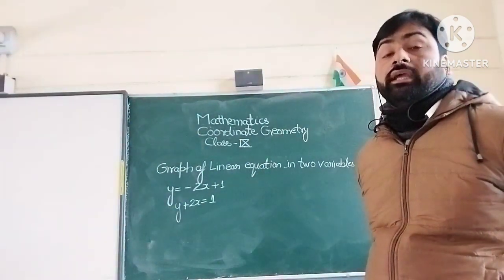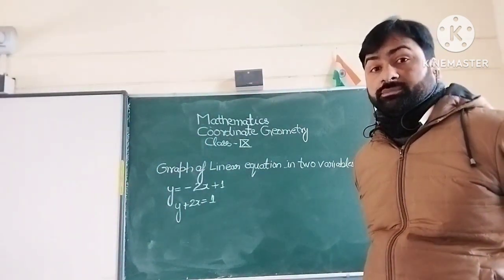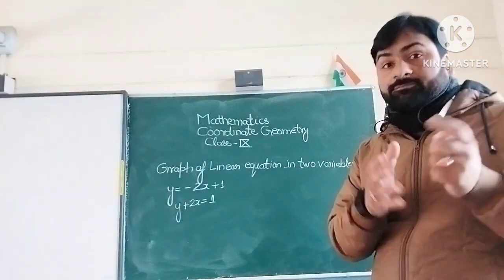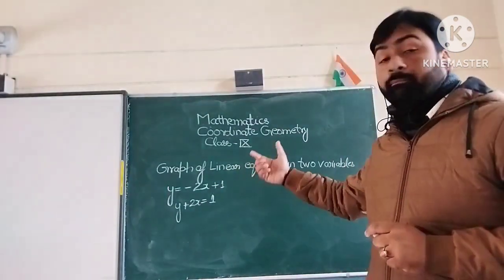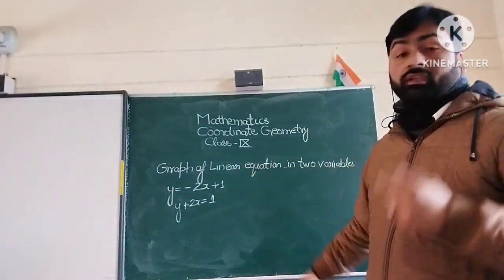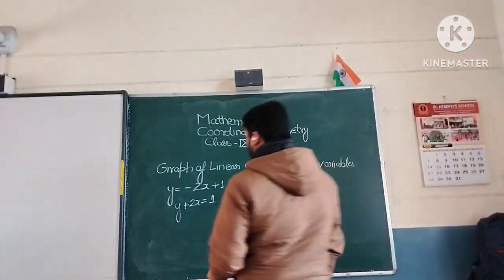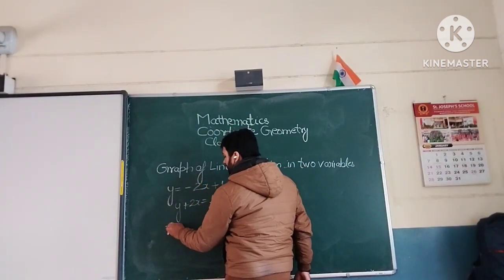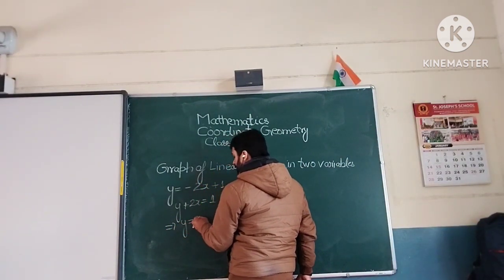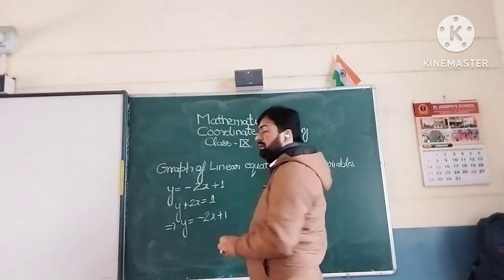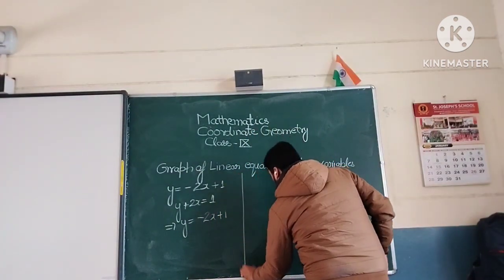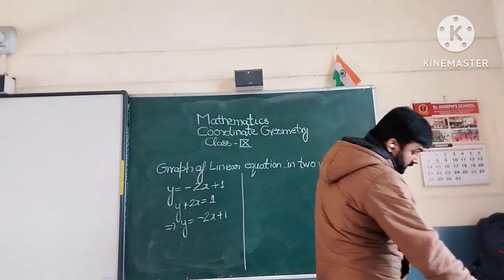No. So at times when y is not the subject of the formula, we have to transpose. And after transposition, we will make y the subject of the formula. So how do we do that? Through transposition. This is the idea. y is equal to minus 2x plus 1. Clear?